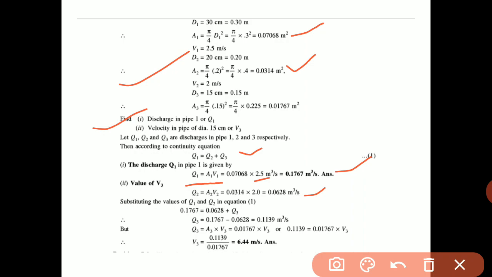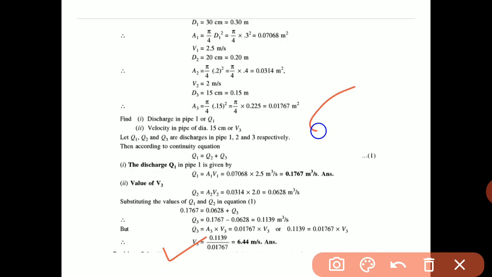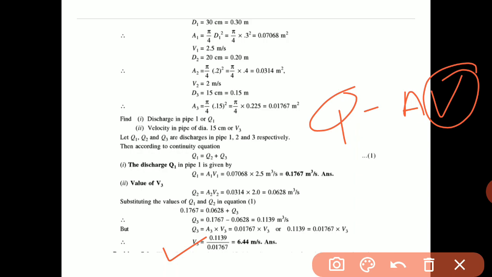Now by substituting the values of Q1 and Q2 in equation 1, we'll get the value of Q3 as 0.1139 meter cube per second. By using this Q3 value and applying the equation Q is equals to AV, we'll get V3 as 6.44 meter per second.